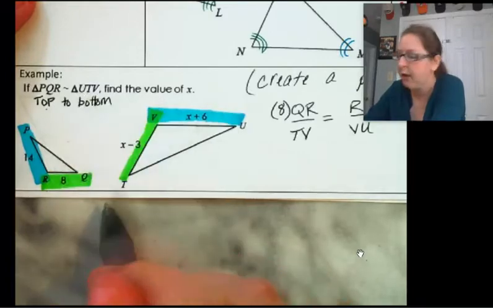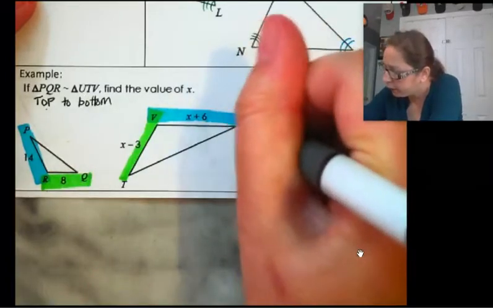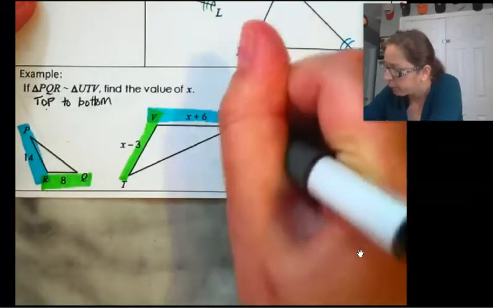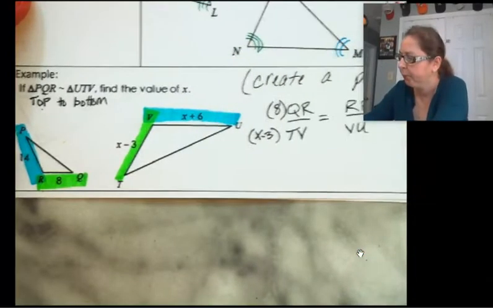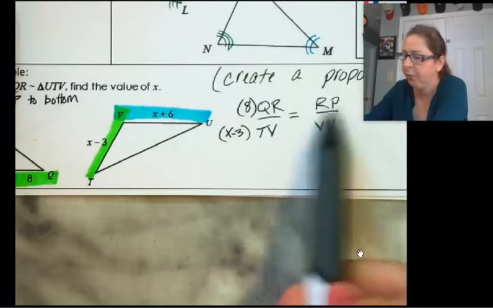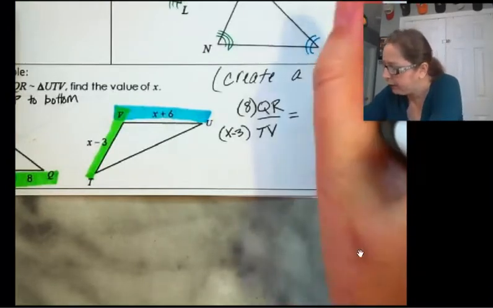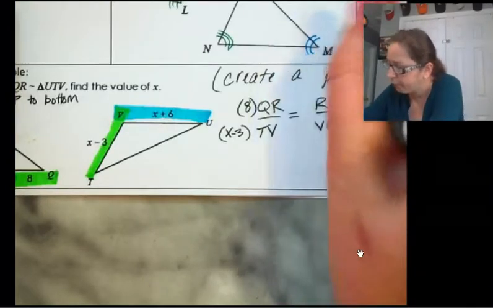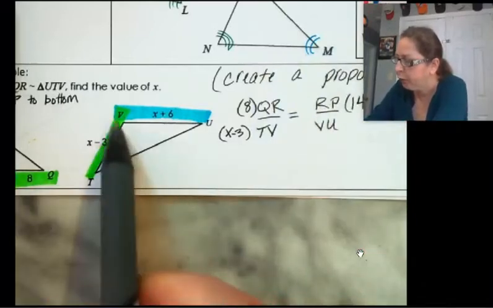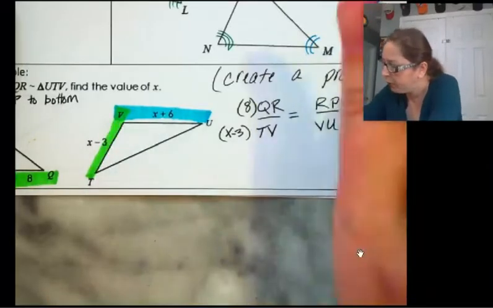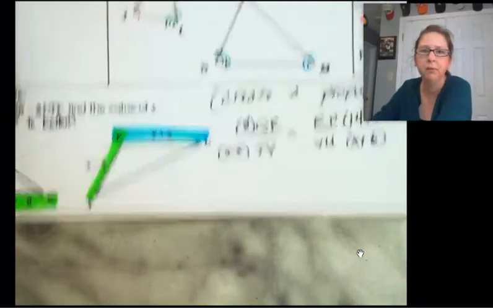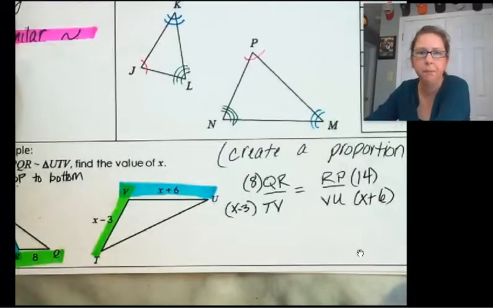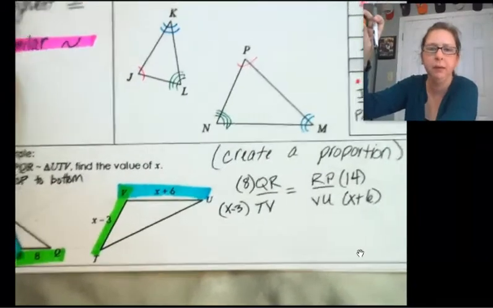So TV is X minus 3. Okay, now let's do RP, which is 14, to VU, which is X plus 6. Let me scooch this down for you and zoom out a tiny bit.